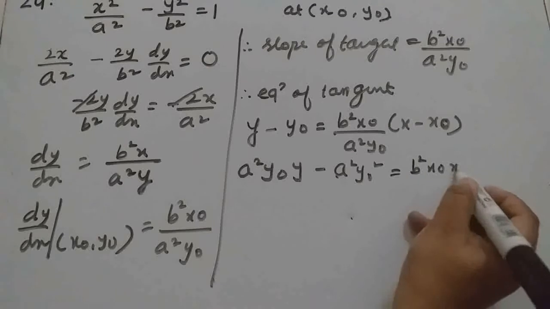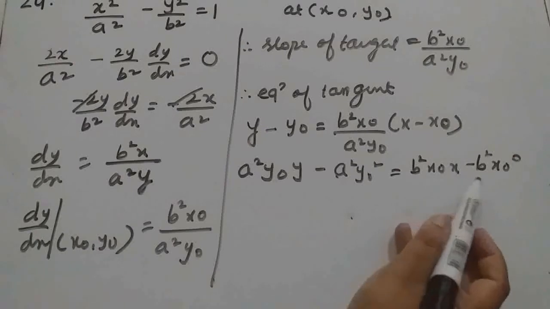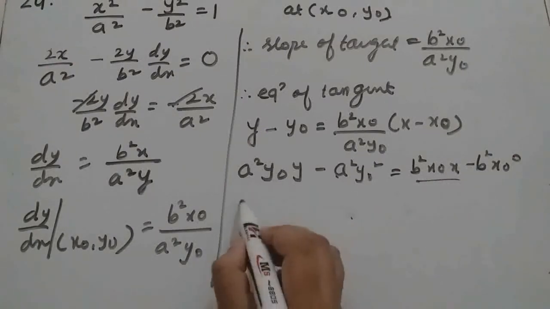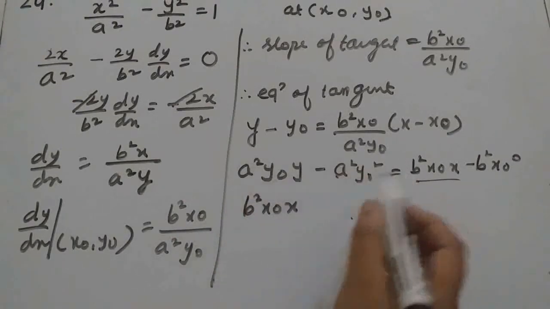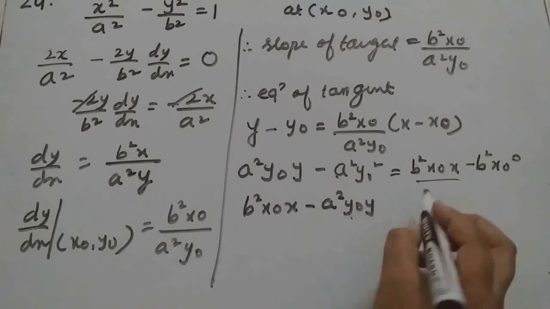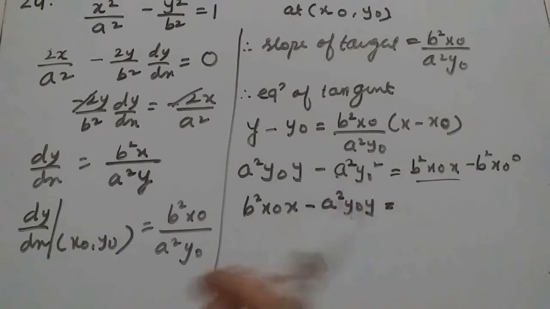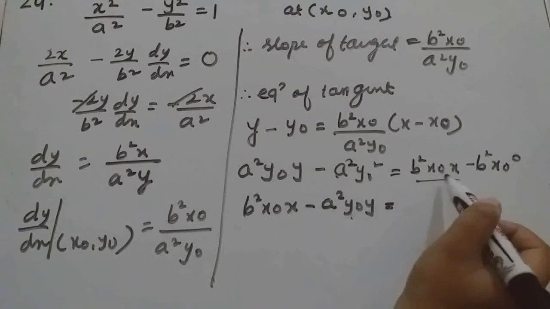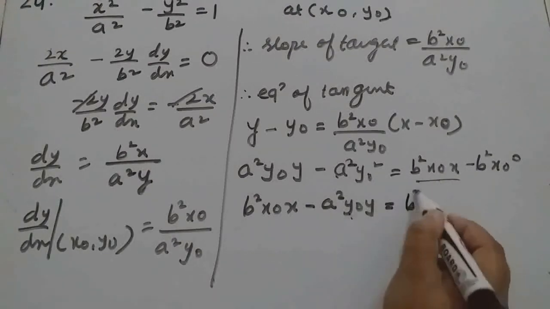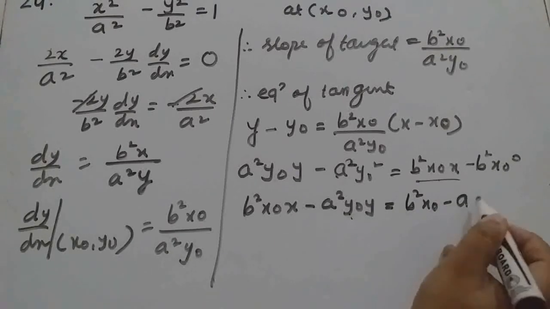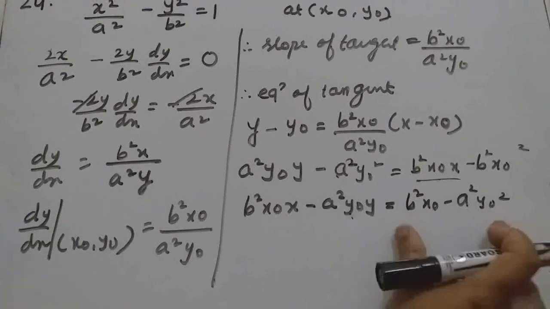Now this x term we should write here, this 2 term will go that side. Or do one thing, we can write x and y together here, and this b square x0 minus x0 square, a square y0 square we will write here.